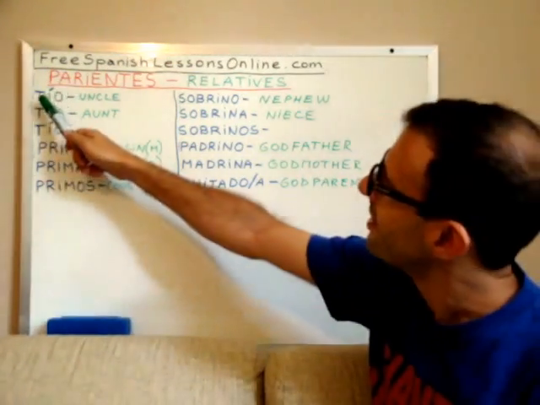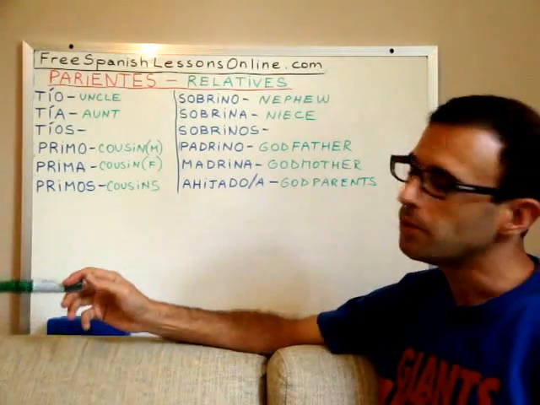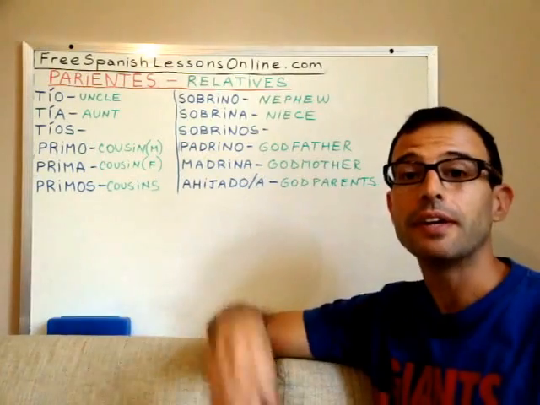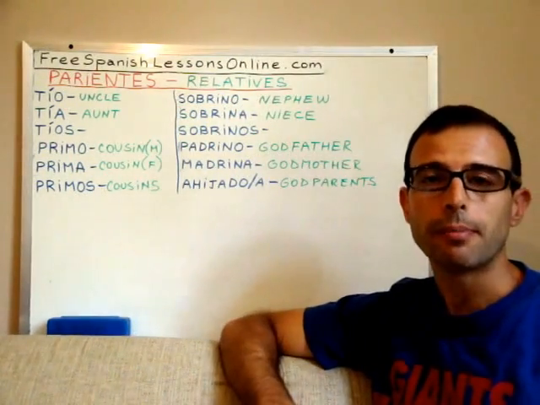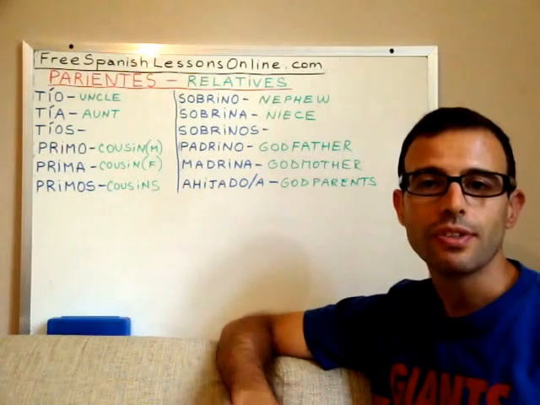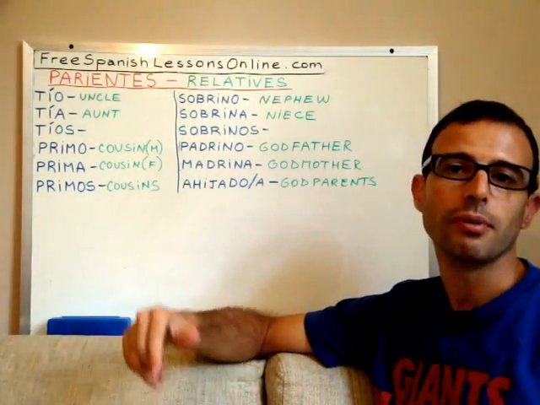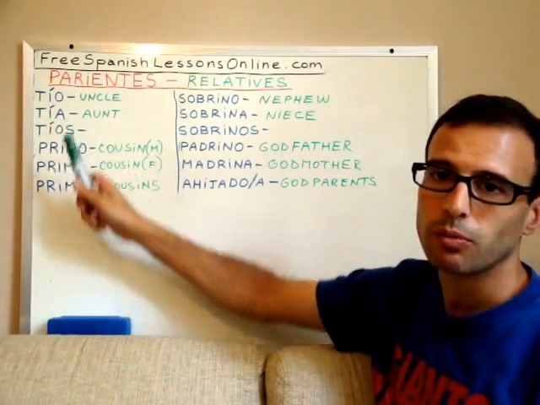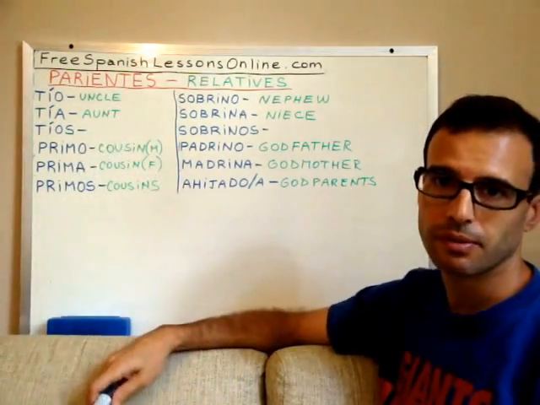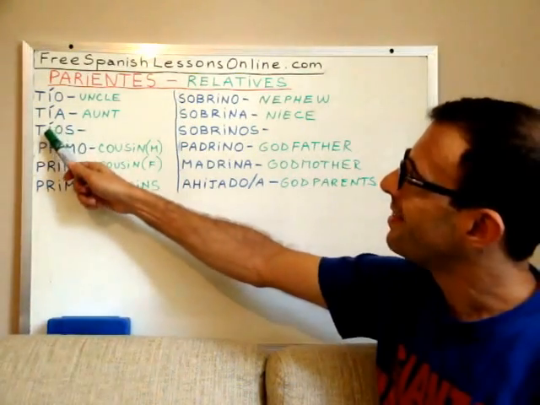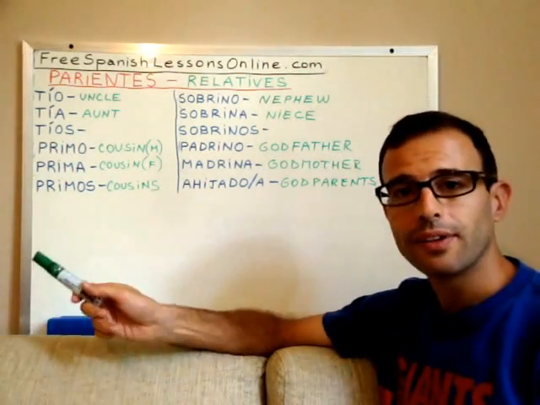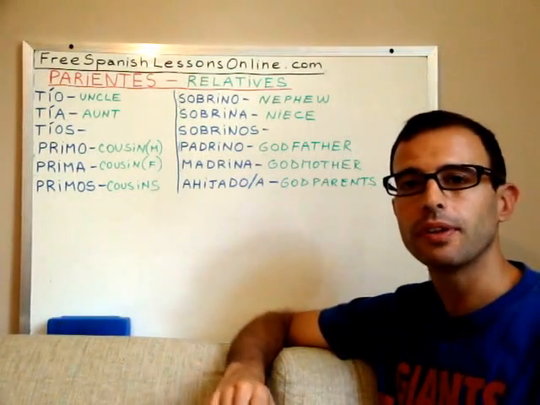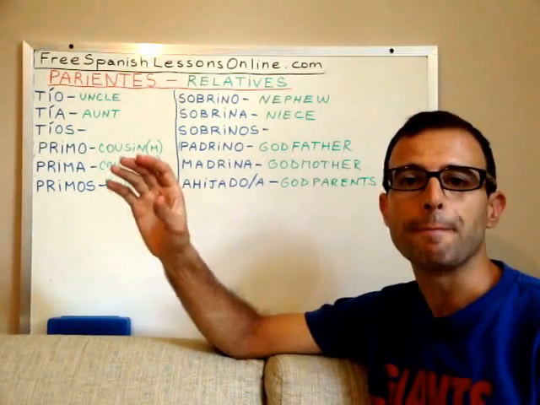Let's begin. Tío is uncle. You will notice that in Spanish, for the male and the female in the same hierarchy of a family member or a relative, we just change the O to an A for the male or the female. So tío and tía would be uncle and aunt, okay? And tíos, we take the masculine and we add an S, and then we have the plural, but indistinctly of a male and female.